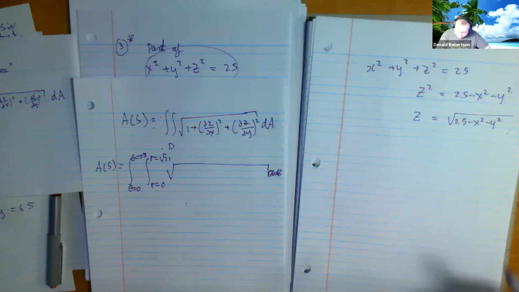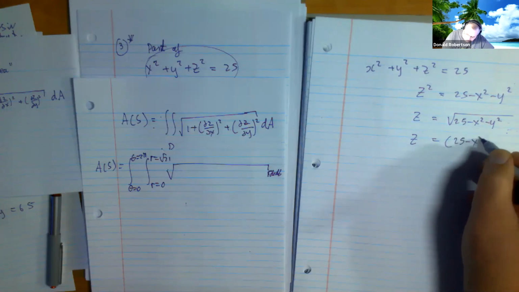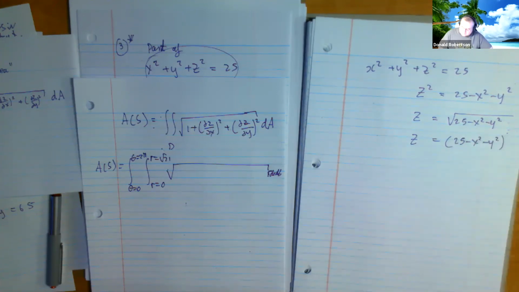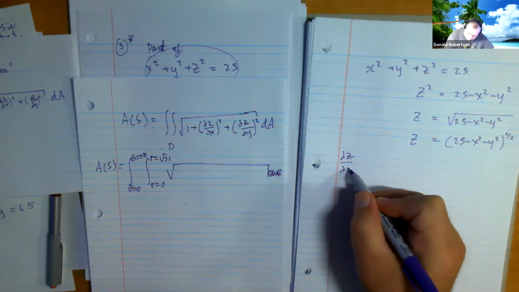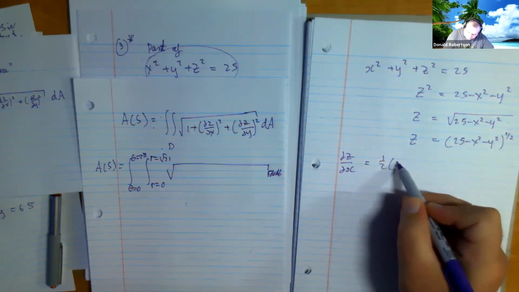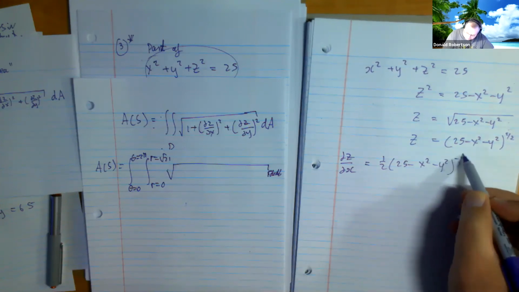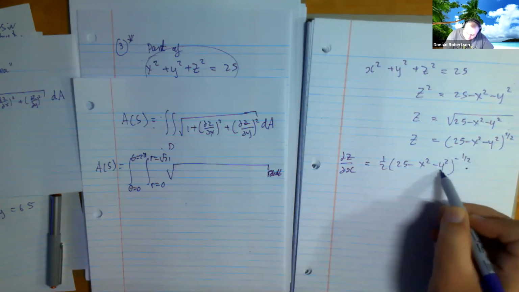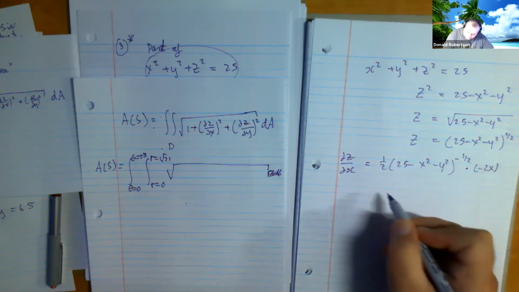Great. Now, if you want to differentiate that, you probably should write it like that. And so to get the partial derivative with respect to x, you multiply by the power, you reduce the power by 1, and then you differentiate what's inside with respect to x, which gives me this.